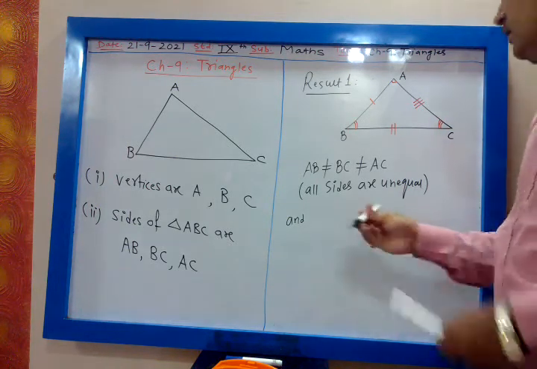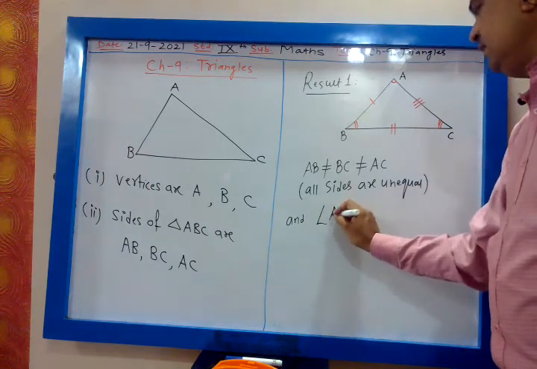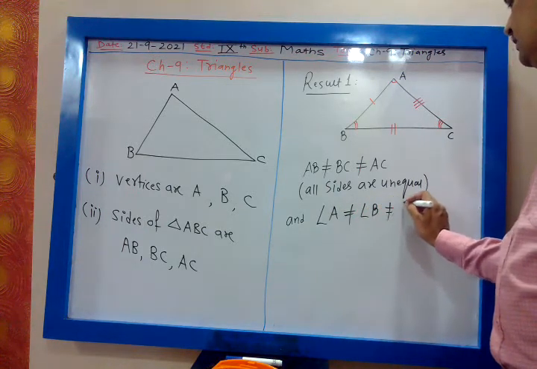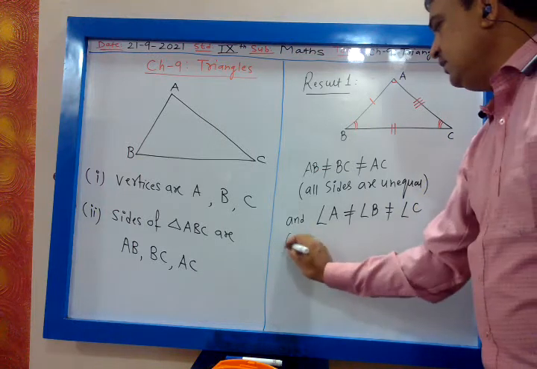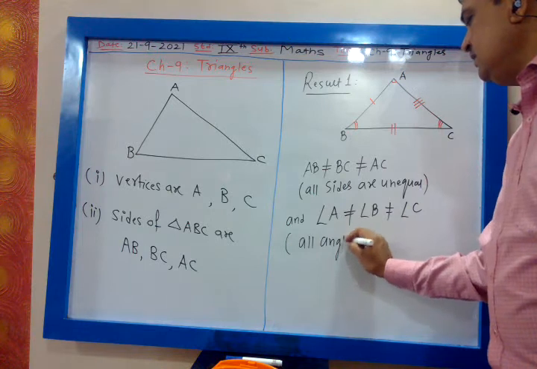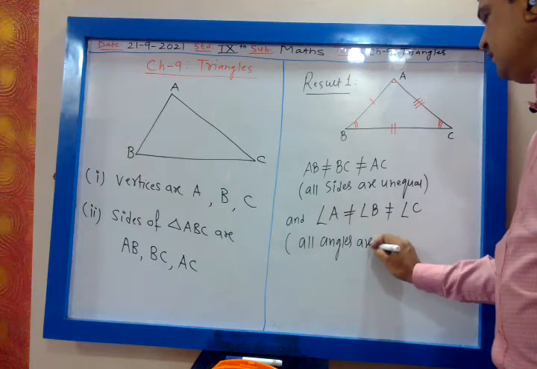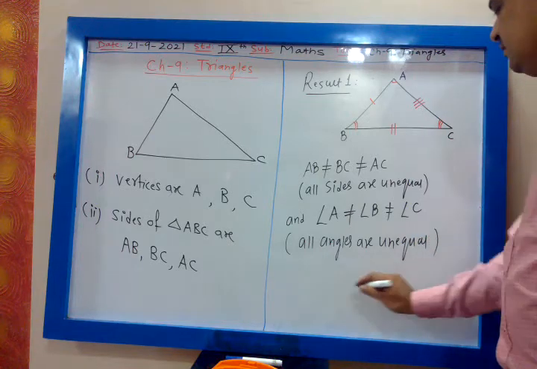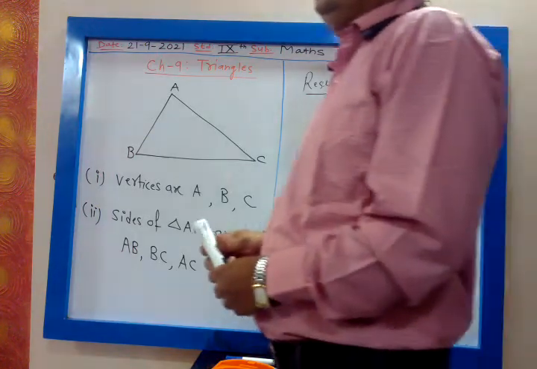Angles are also not equal, meaning angle A is not equal to angle B, is not equal to angle C. All angles are unequal. So this condition is given.